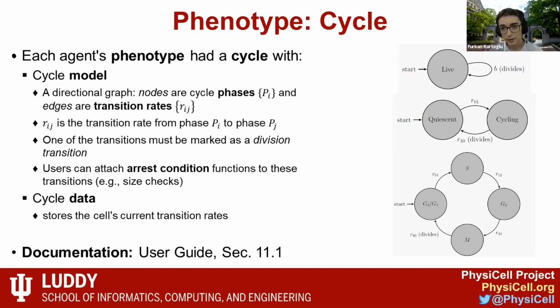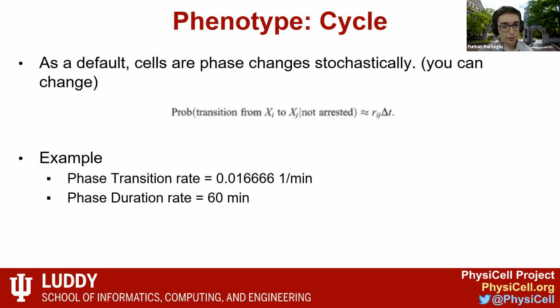So the cell cycle is again run by the phenotype, and phenotype dt is 6 minutes. And also, I just want to remind that cell phase changes are occurring stochastically as a default. You can change it if you would like to, but it multiplies the transition rate by the dt and looks for the probability.